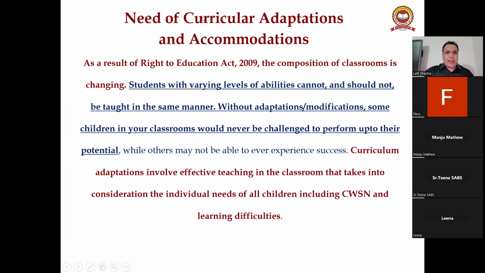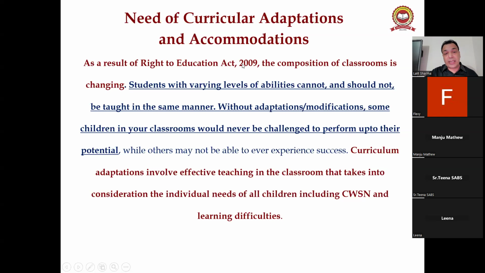Now, the need of curricular adaptations and accommodation we have just discussed. What is the need of that? Whatever examples, I have given you all these things, right? If you want to, I can read it for you. What is the need of curricular adaptations and accommodations? Basically, as a result of the Right to Education Act 2009, the composition of a classroom is changing.